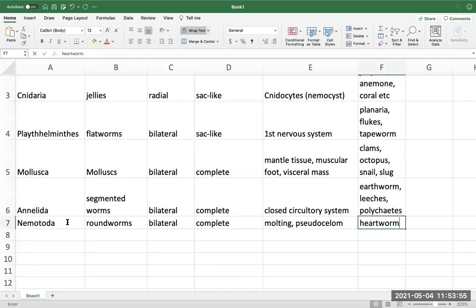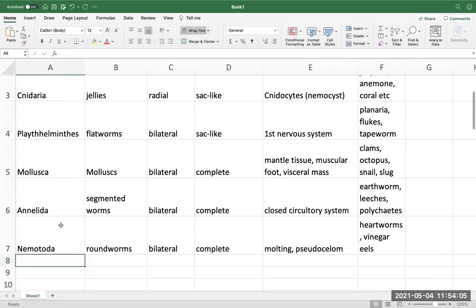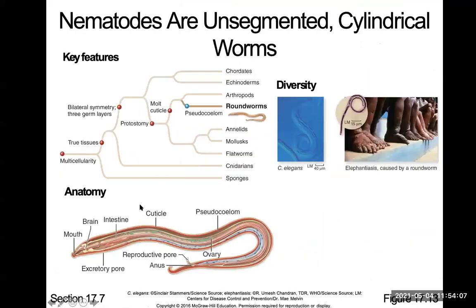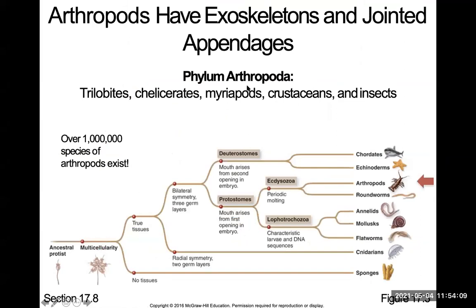Examples: heartworms, vinegar eels. That's Nematoda. And then we're going to get into Arthropoda.